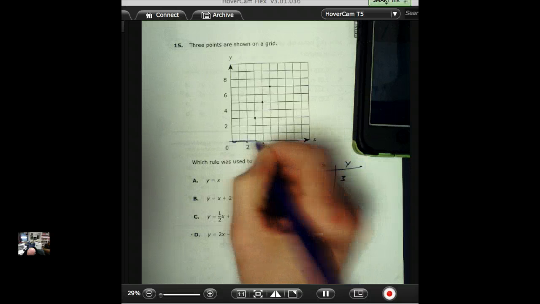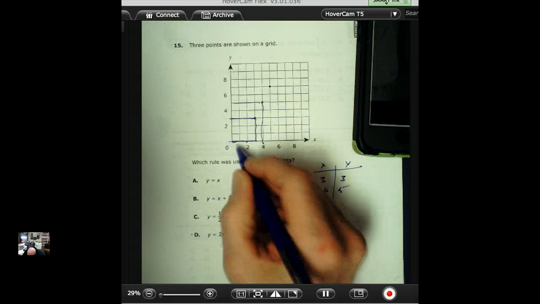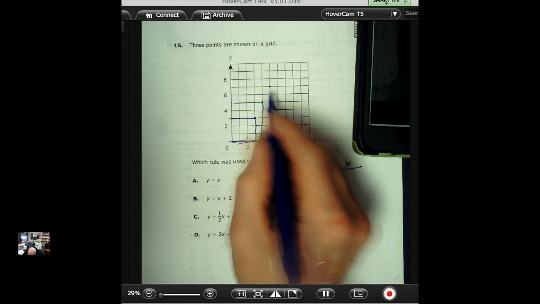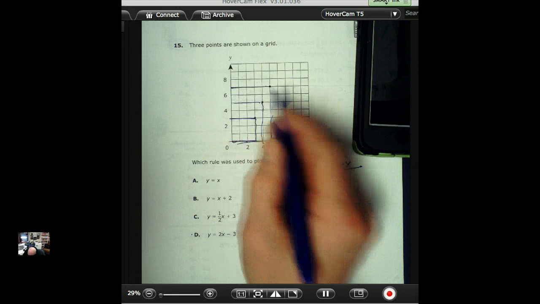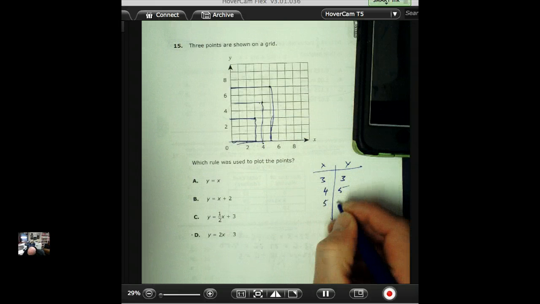Just double check that. 3 is good. I've got 4, 5, 4 and 5, and then I've got 5 and 7.